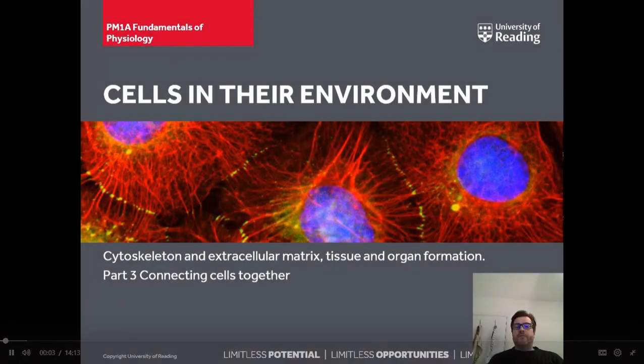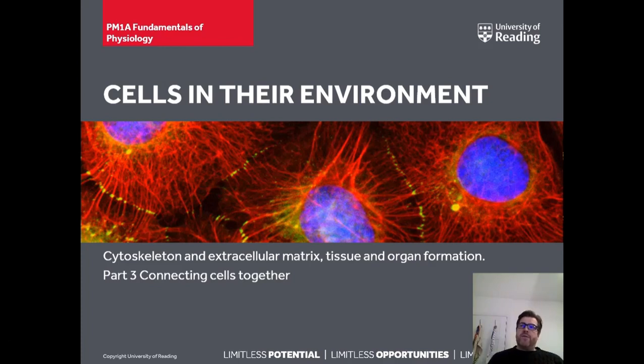This is part 3 of cells and their environment, and we've already talked about the cytoskeleton and how the cytoskeleton is involved in migration of cells and cell movement. We're now going to talk about how cells are connected together.